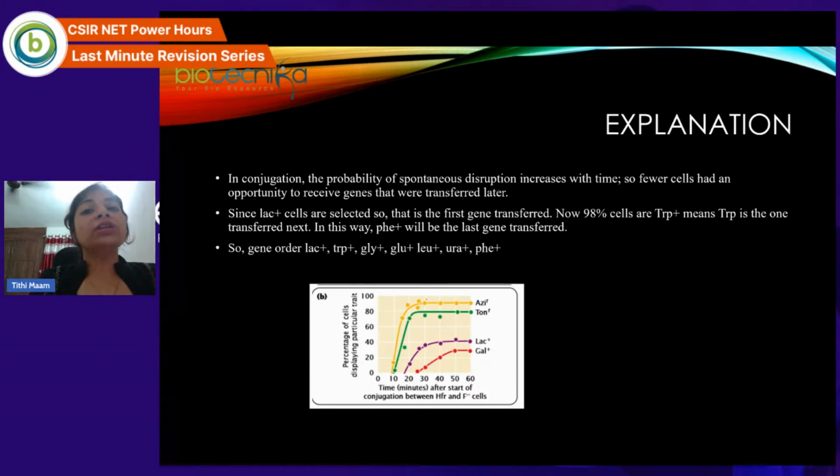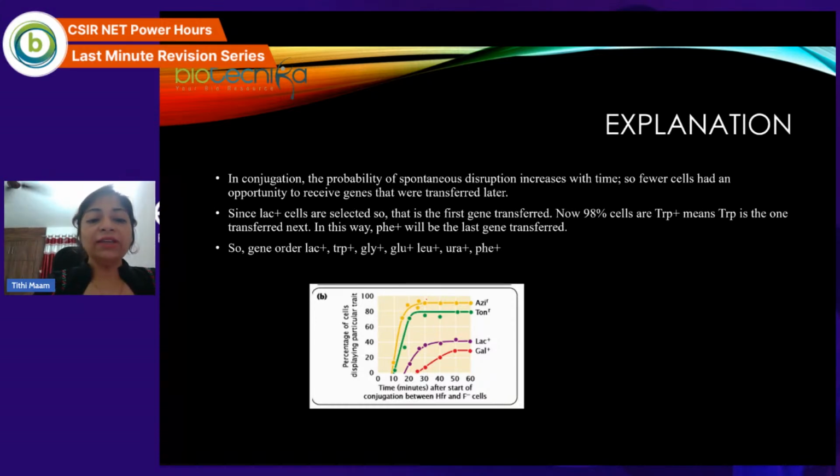Now the bacterial cells that we are talking about are in constant motion, right? And because of that, it becomes difficult for them to maintain the physical contact for a longer time. So when the passage of the gene takes a lot of time, the chance of the conjugation tube to break spontaneously increases.